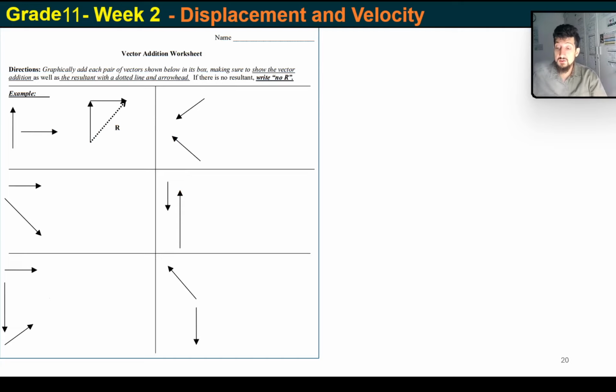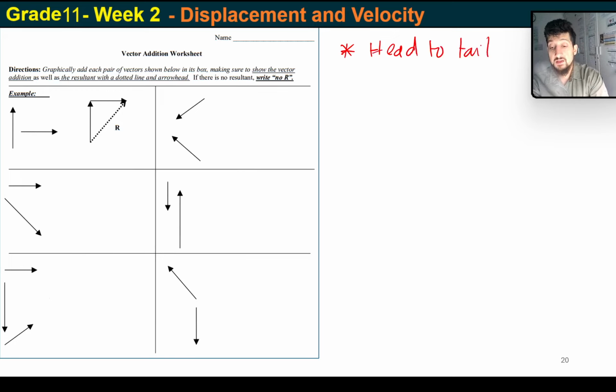Okay, let's do some vector addition worksheets. Okay, let's see if we can solve these. Now, once again, remember there are two rules to remember here. Two, and only two. Head to tail.